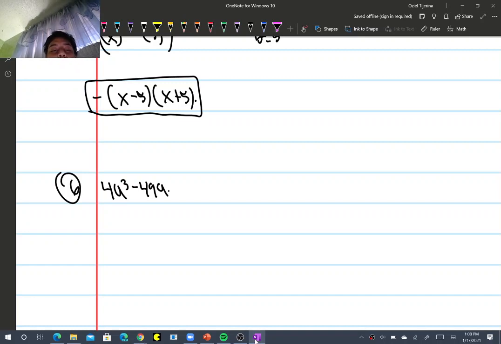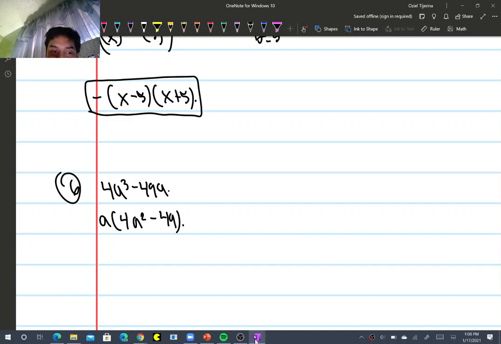Now, looking at the a cubed and the a, we can factor out an a from both of those. We get a times 4a squared minus 49. And I believe that's the answer.